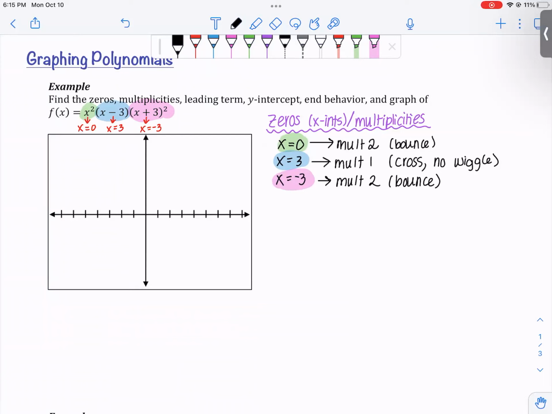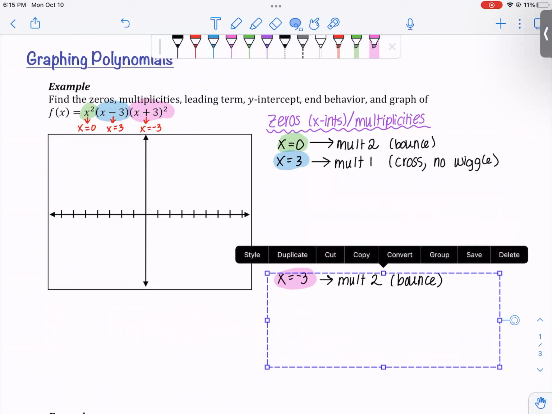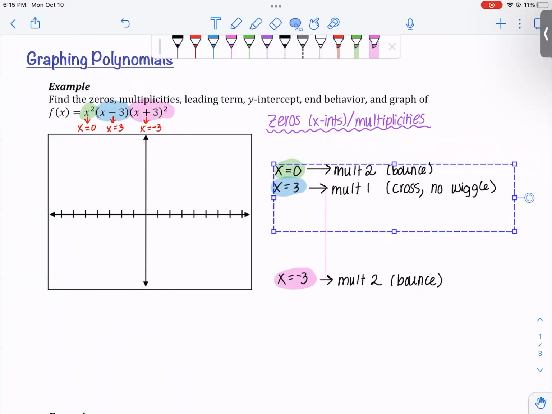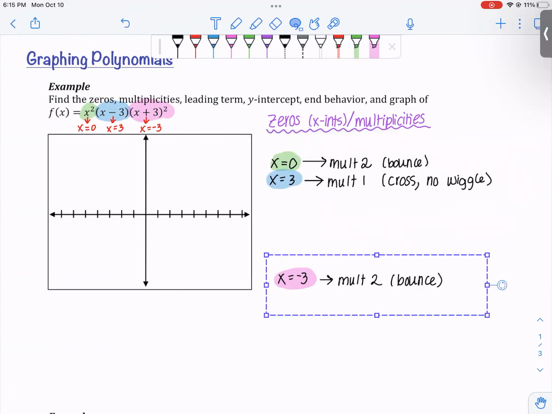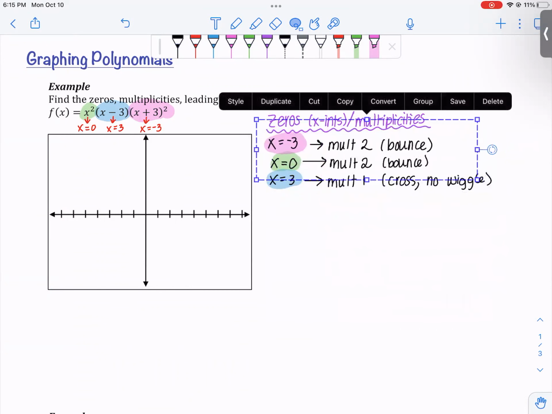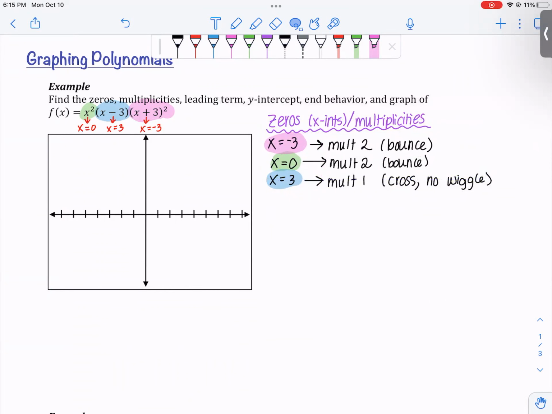It would have been better for me to write these zeros in order over here. I should have written it as negative 3, 0, and 3. And because I did this on an iPad, I have the ability to change that. Now they're in order. That's nice.